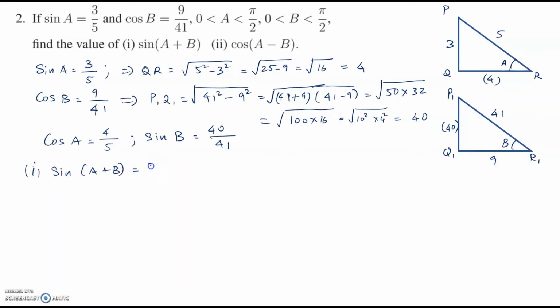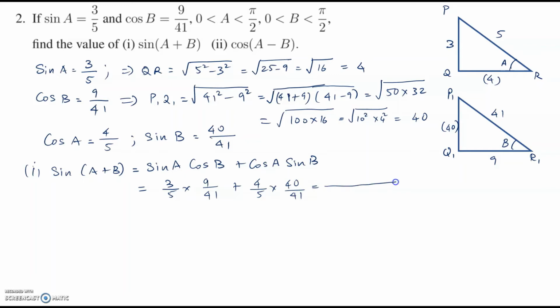So now to the first part of the question, which is sin(A + B). So sin(A + B) is equal to sin A cos B plus cos A sin B. Substituting the values, sin A is 3 by 5 and cos B is 9 by 41, plus cos A is 4 by 5 into sin B is 40 by 41.